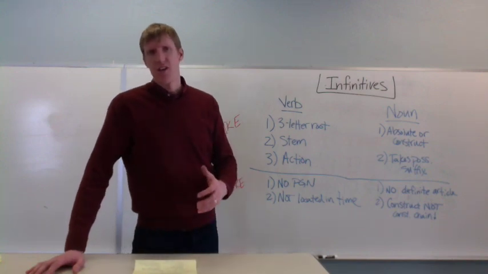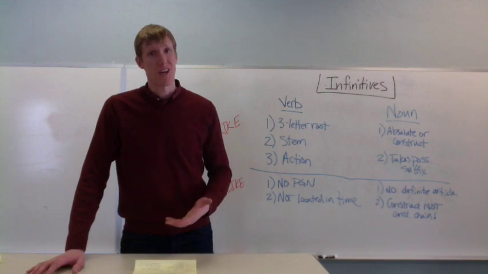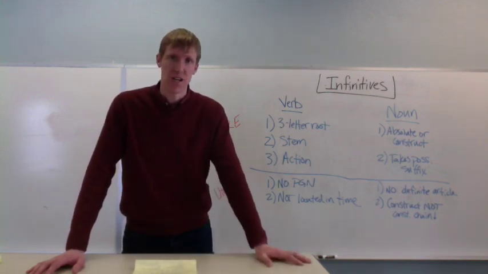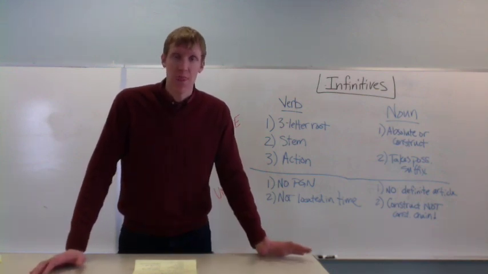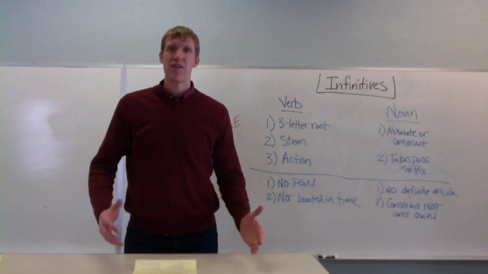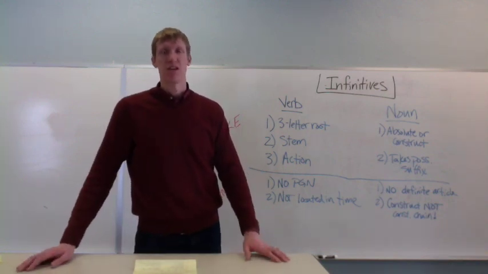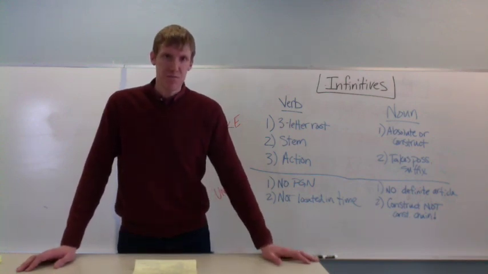An infinitive is, in some ways, at least in terms of parsing, one of the simplest verb forms in Hebrew. It isn't bound by time, and so it doesn't have a specific aspect, really, although the aspect you would identify as infinitive.